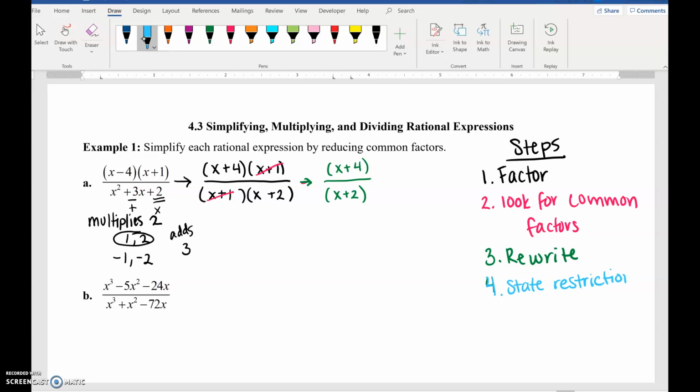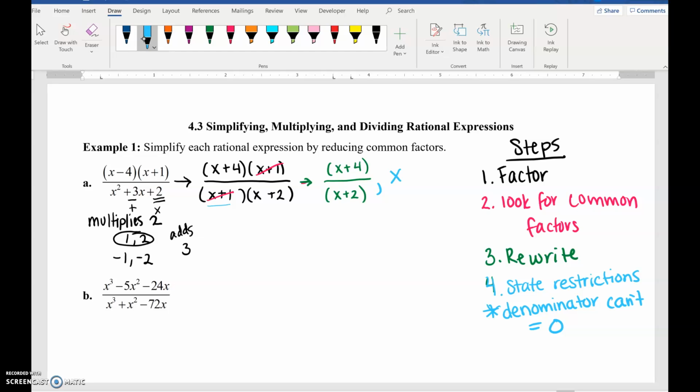And restrictions are when the denominator equals 0. So denominator can't equal 0. So we still need this one here because that's still an option, or not an option, excuse me.